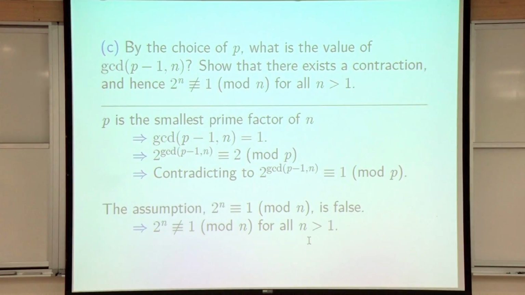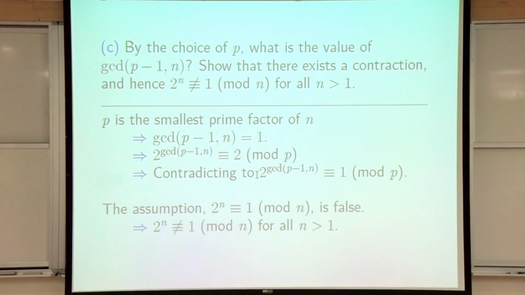But what is the contradiction here? We know that p is the smallest prime factor of n. So GCD(p minus 1, n) should be equal to 1, which means 2 to the power GCD(p minus 1, n) should be 2 to the power 1, which is congruent to 2.